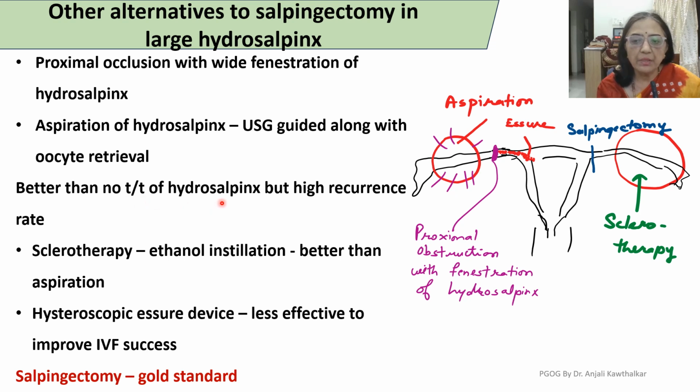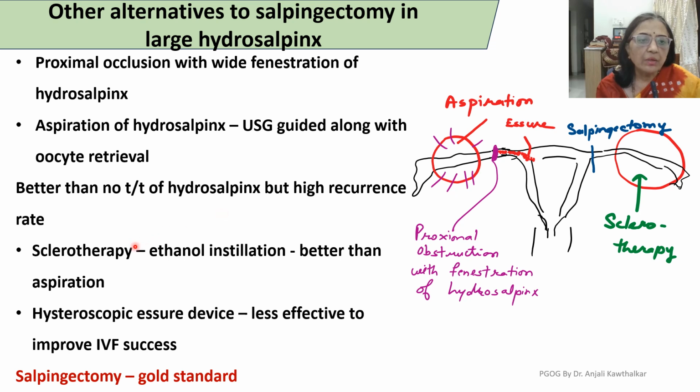If we compare aspiration with no treatment as a control group, the results are better with aspiration. But if we compare aspiration with either proximal occlusion or salpingectomy, the results are not that good. The IVF success rate is lower, and the chances of recurrence with aspiration are greater.